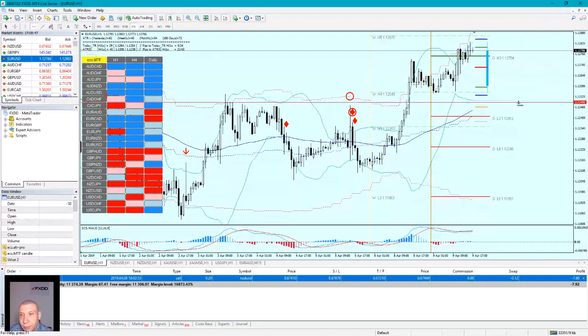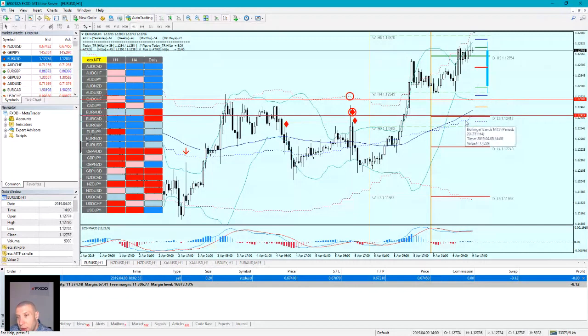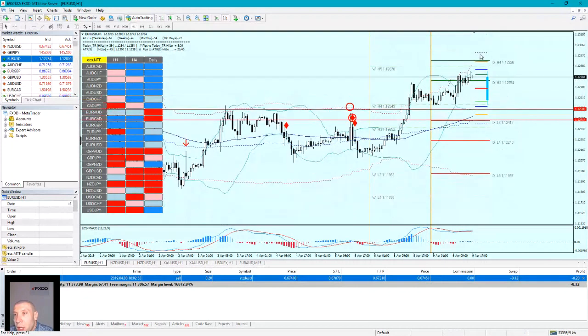Here, the first POC zone, order block. This is order block, and the second POC zone. So either if it goes down, it should reject from here or reject from here, but it might not go down. We don't know that. Maybe it will go to weekly H5 and reach its full potential on the ATR.